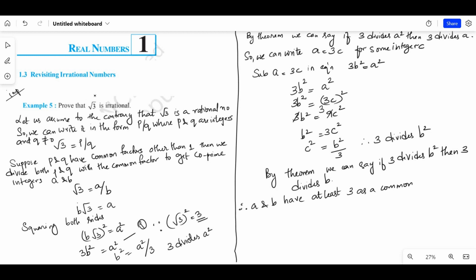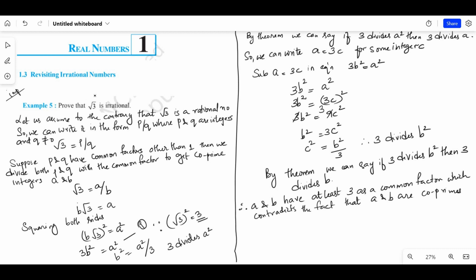Now we know they have at least 3 as a common factor, which contradicts the fact that a and b are co-prime.